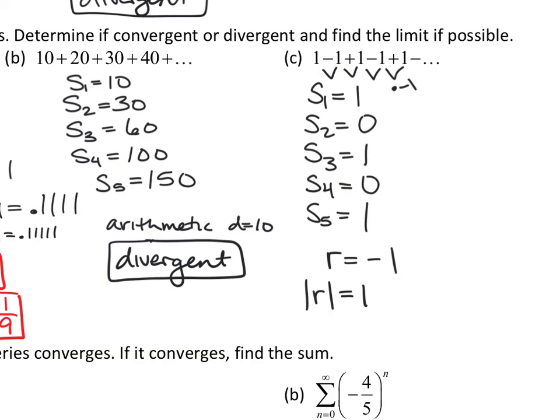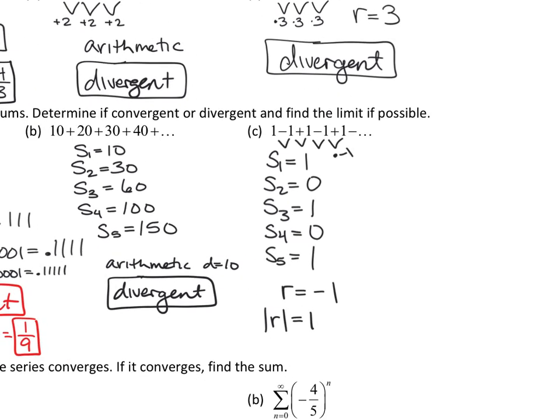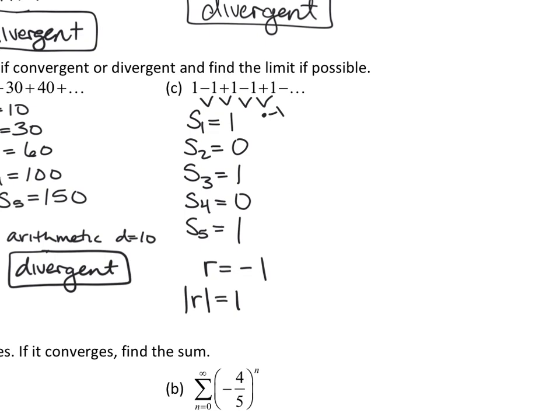Now, our rule said, again, that if it is greater than or equal to 1, what is it called? Divergent. So you still want to check that just to be sure that it is a divergent sequence. It'd be exactly equal to 1, which is divergent. If it was 0.9, it would be a convergent sequence.